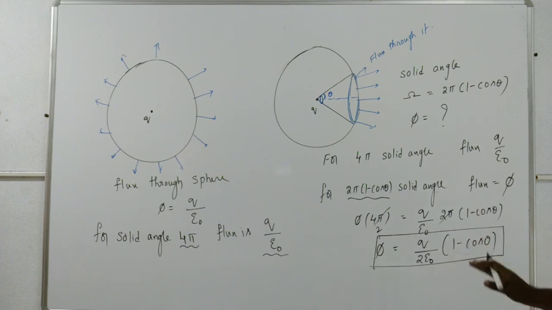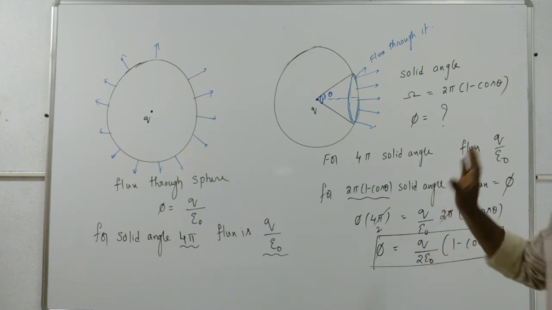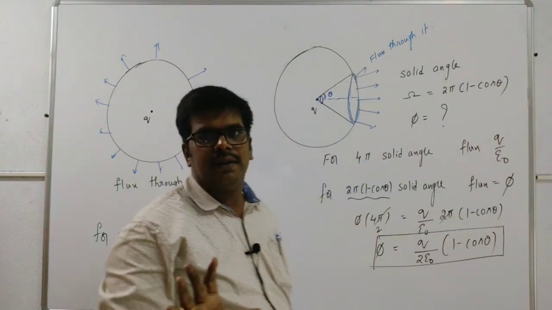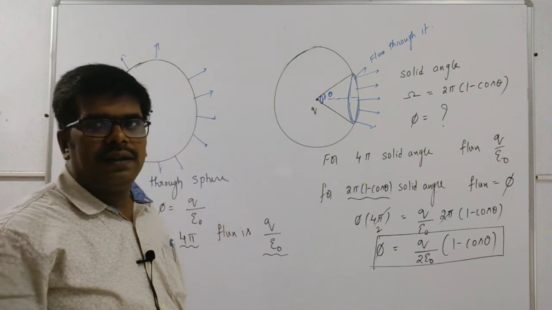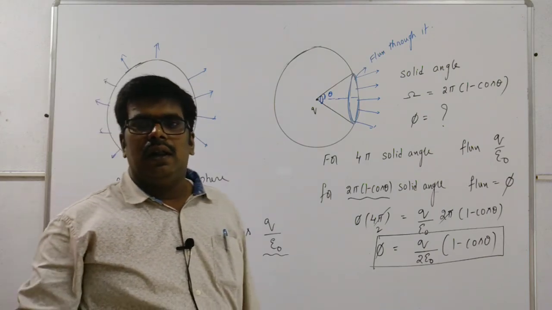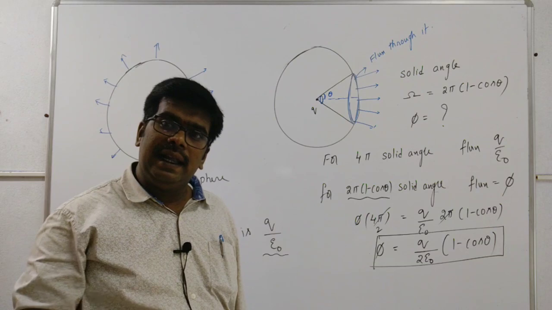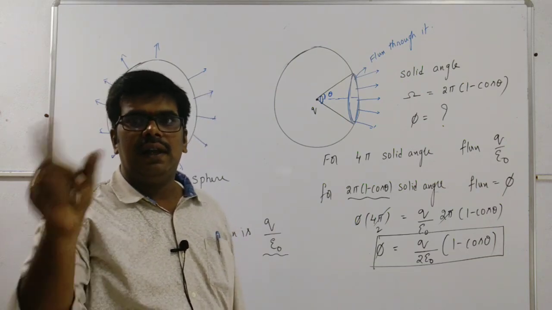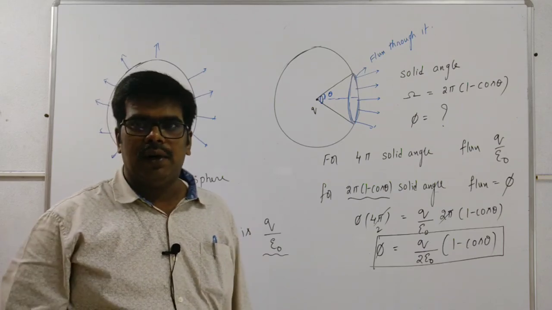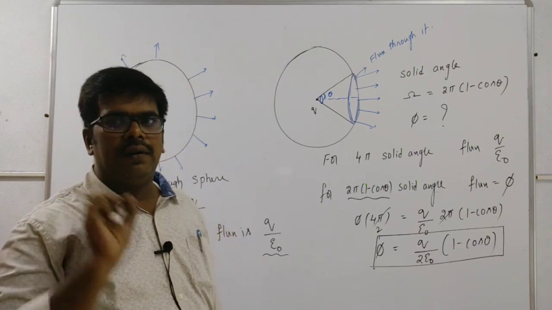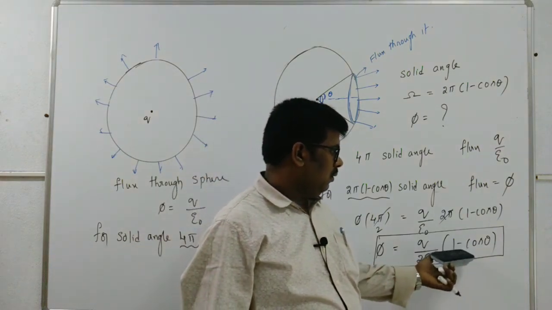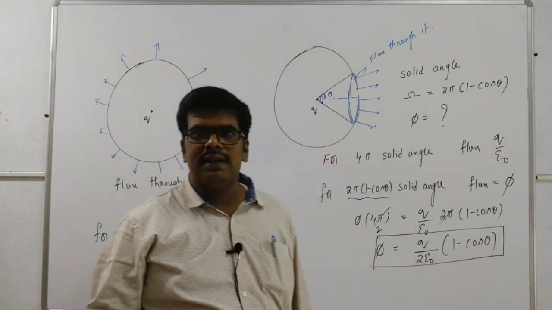So like this, the solid angle plays an important role in knowing the flux through any part of a closed surface. Because we discussed in the previous cases the flux through the entire closed surface. But when a part of a closed surface is there, the solid angle plays an important role. So you have to take the formula q by 2 epsilon naught into 1 minus cos theta. What is theta there?